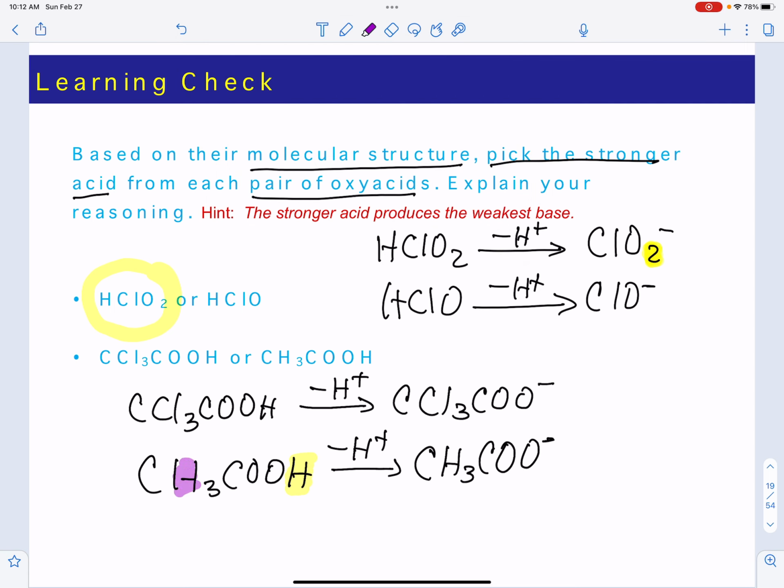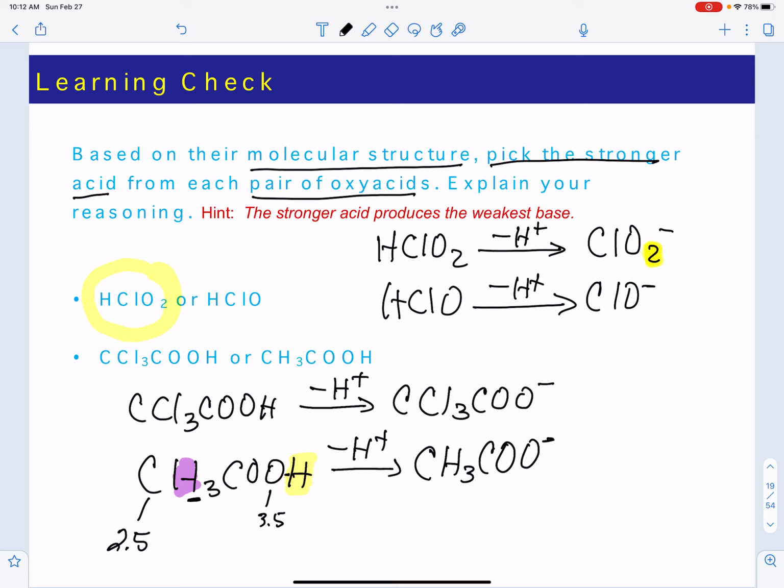The reason is this hydrogen is attached to oxygen with an electronegativity value of 3.5. One of these hydrogens is attached to carbon with an electronegativity value of 2.5. Oxygen is the most electronegative, so oxygen can stabilize the resulting charge once the hydrogen is gone.